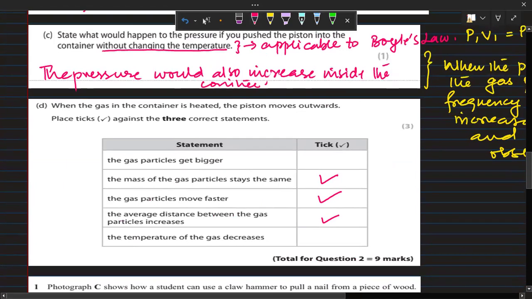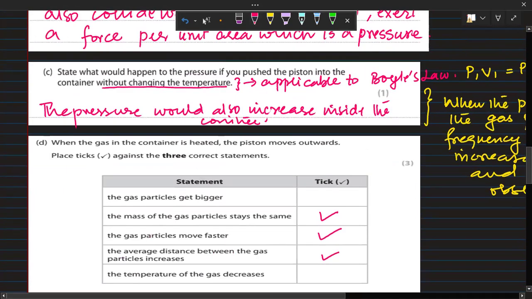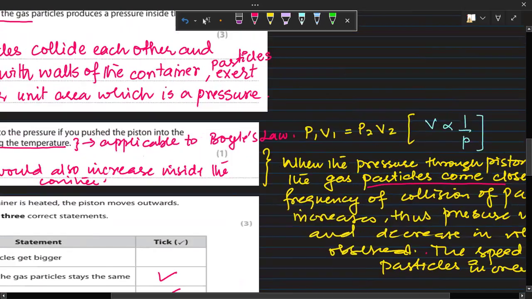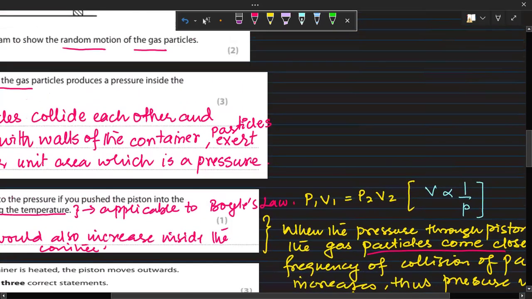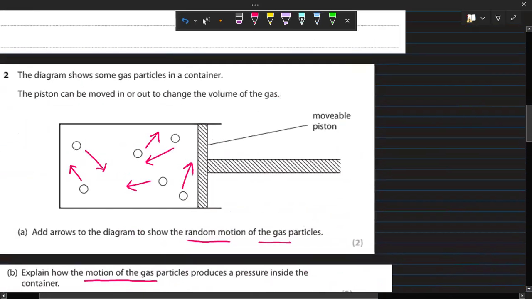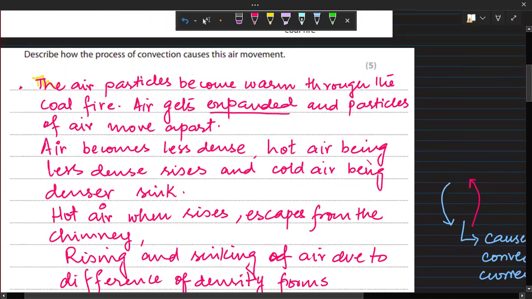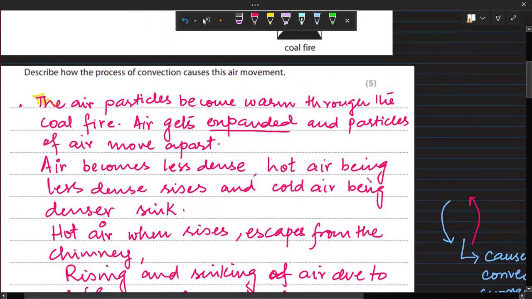Then we also talked about pressure and how the motion of the gas particles changes when we increase the pressure. So we also had a discussion around Boyle's law. I hope that you guys have developed the concept. And we also spoke about convection, how thermal energy transfer takes place through the process of convection, right?